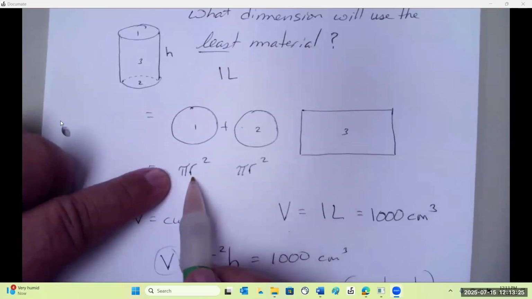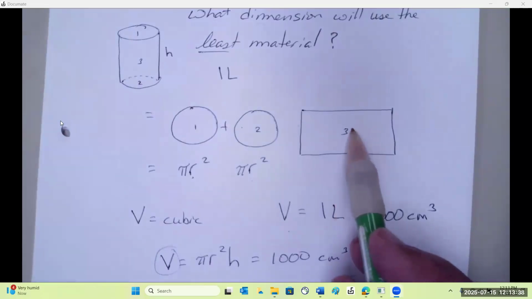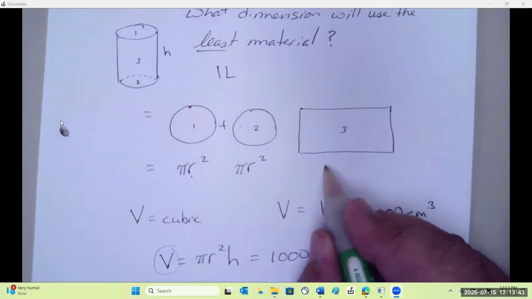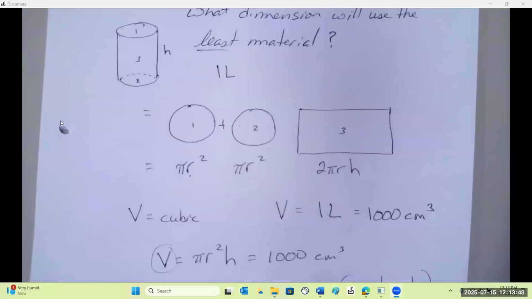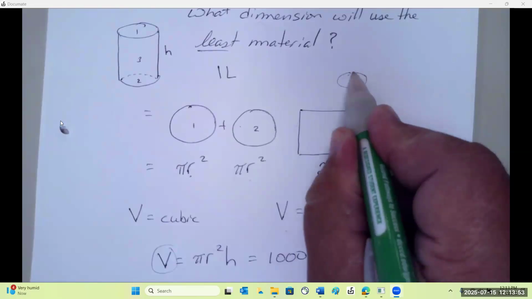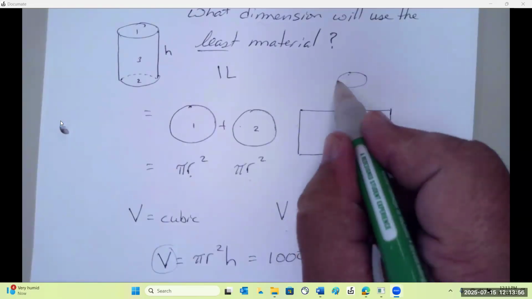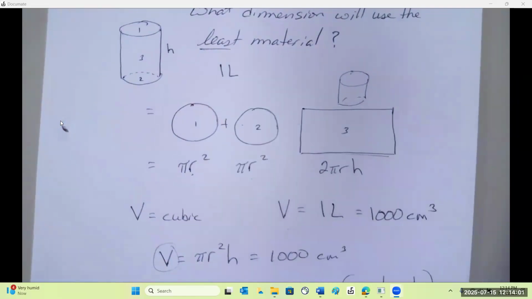We have the area of the circle at the top, and the area of the bottom. What is this one going to be? Is it area or is it circumference? Remember, it's the outside of the can, not area. It's circumference because it's 2 pi r times h. Because we know the length here, remember, it was the outside of the can, which is 2 pi r, times the height. That's how much material we have in there.